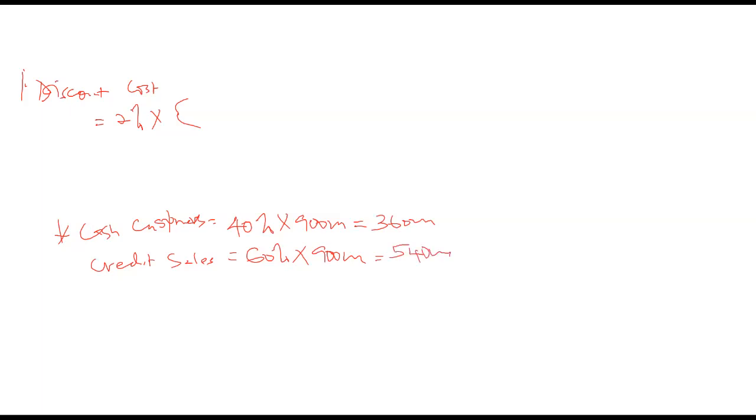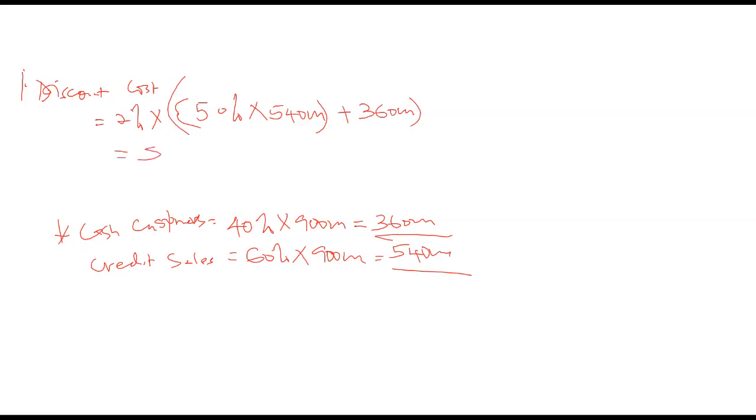The customers who will take the discount, we are told, are half of the credit customers, therefore 50% of the 540, plus all the cash customers, plus the 360.